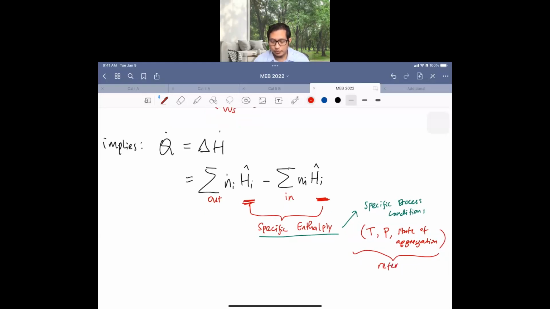We say that we need to have the reference for all this enthalpy, because remember that enthalpy is a state property. We need to know the initial start and the end points of our measurements for the enthalpy.